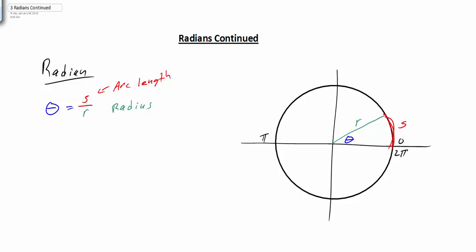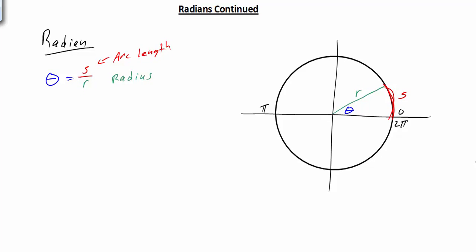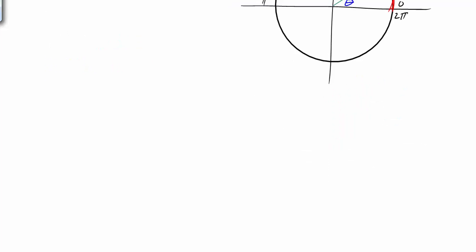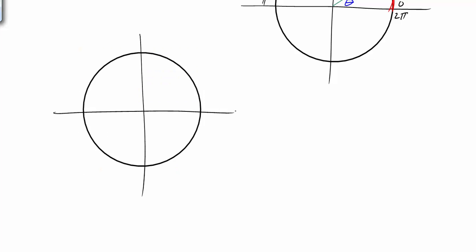So for an example, let's say we have a given circle and an arc length that starts here and goes all the way around, and let's say this is 6 feet. So this curve, which is the arc length, is 6 feet.